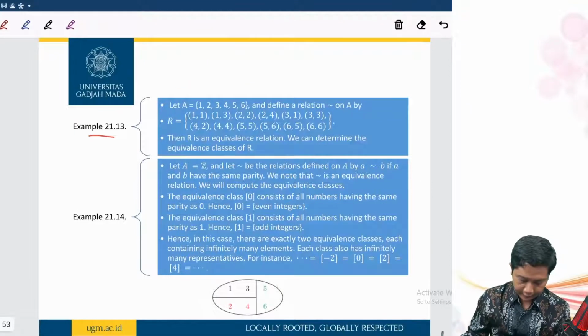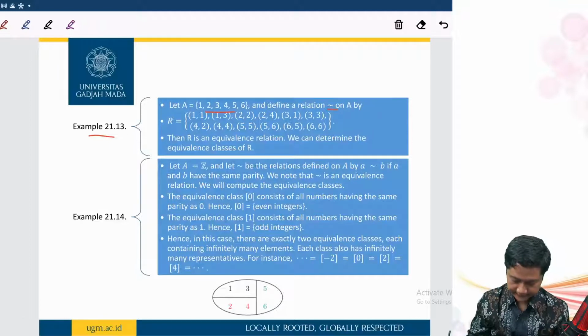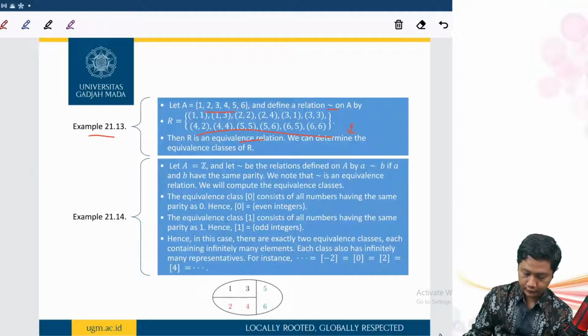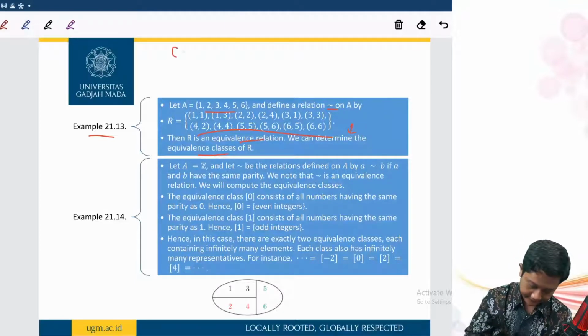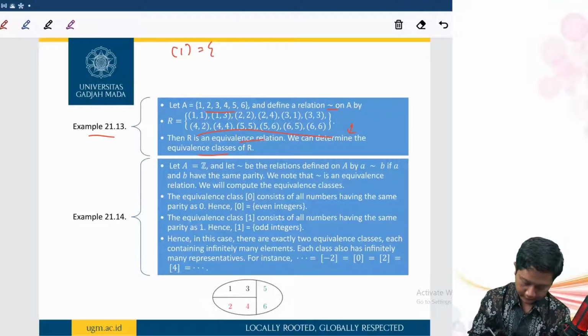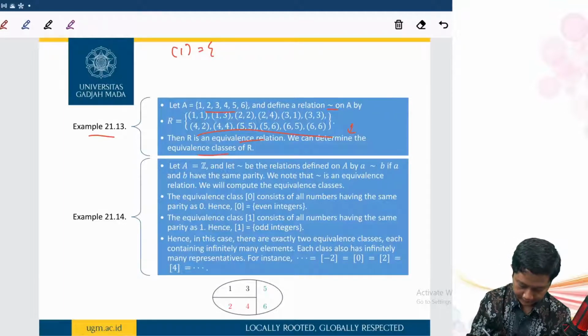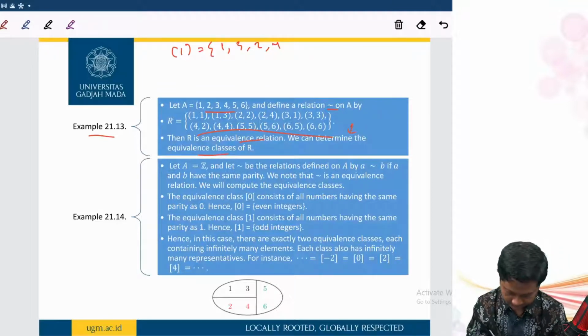And next, example 21.13, when we have this A and we define a relation here by all of this. We can check this relation is an equivalence relation. And how to see the equivalence classes? Check again. For 1, what elements of A are related to 1? We have 1 and 3.